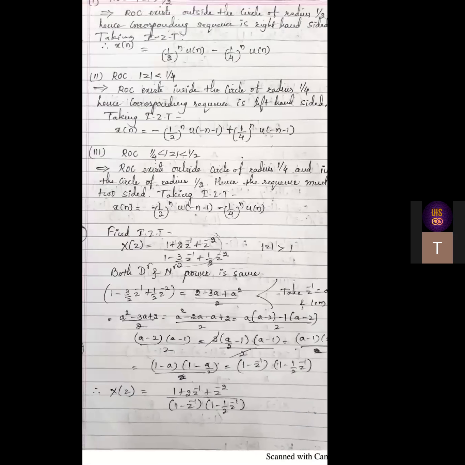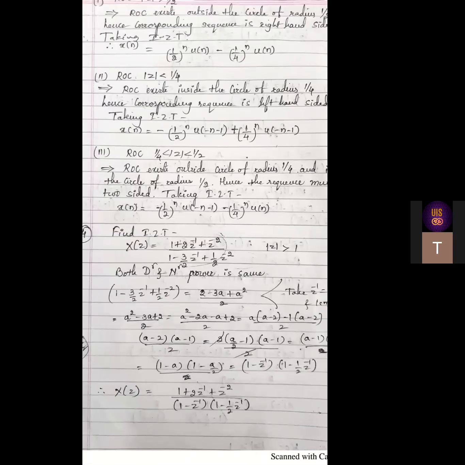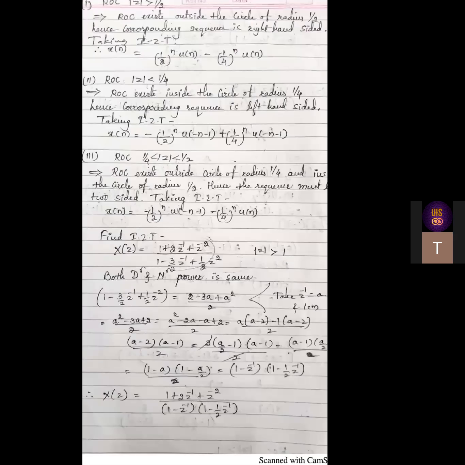Anyhow, we have to use partial fractions, not directly, but after using long division. For partial fractions, the denominator, whatever is given to you, has to be factorized. So before going for long division and solving, I have first factorized the denominator and I have got the two factors. Anyhow, afterwards also you can do it.